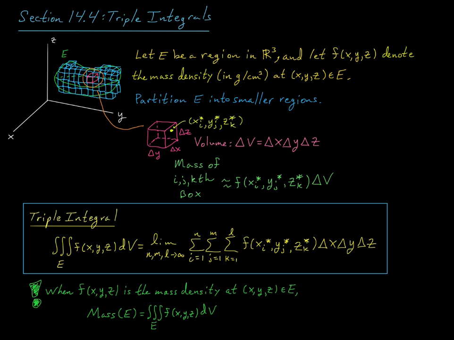I do want to highlight that again, as we set up here, in the special instance when your function f is, say, a mass density, then the total mass is given by this triple integral. This is a really common use of one of these triple integrals. We typically don't think of our function f as denoting some kind of height like we did for a double integral. You usually think about your integrand as some kind of density function, whether it's mass density or charge density.